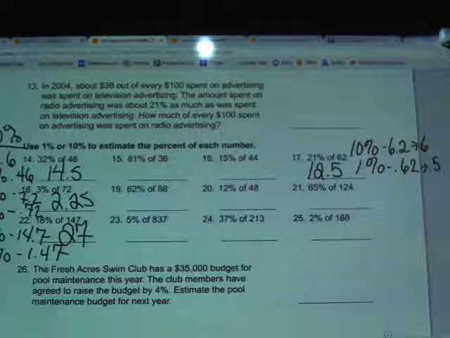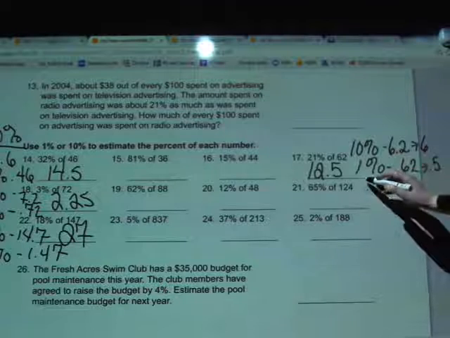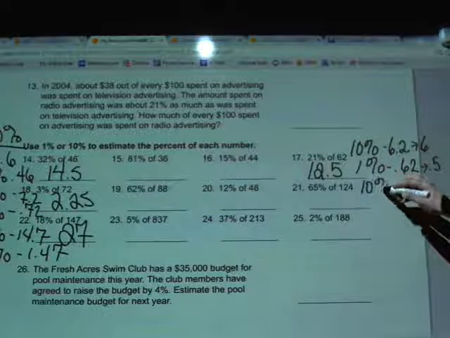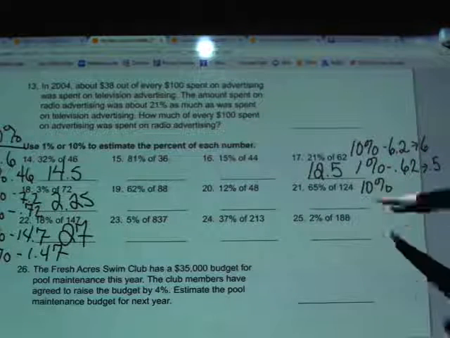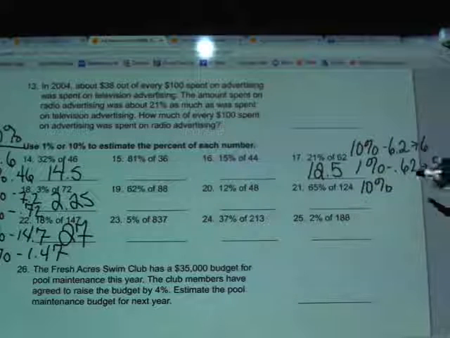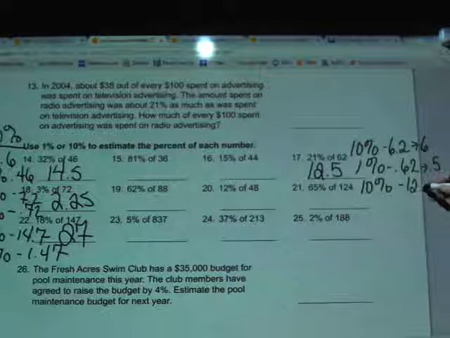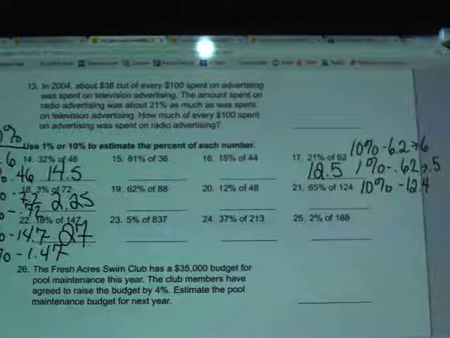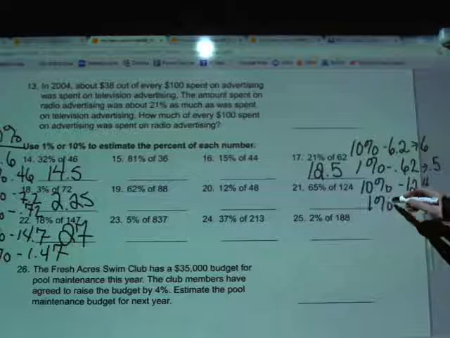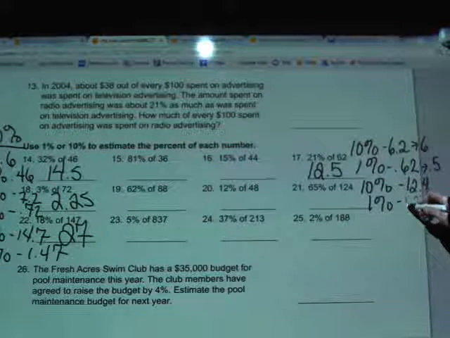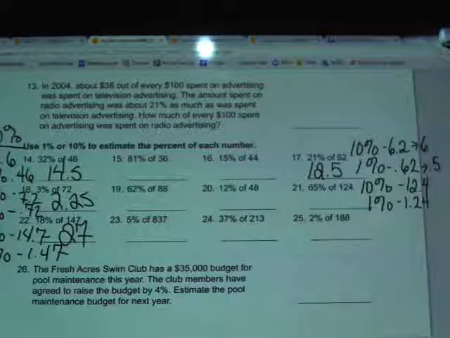All right, number 21 says 65% of 124. So I'm going to find 10% here. 10% is going to move the decimal in one time to give me 12.4. And 1% here is going to move the decimal in one more time, and that's going to give me 1.24. Now, because this is such a large percentage, what you might also be well off to do is find 50%.